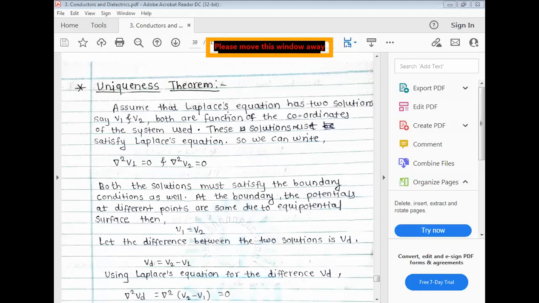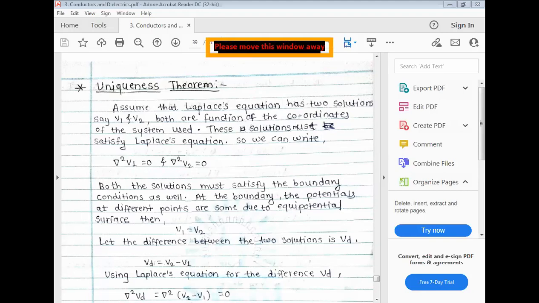So here assume that the Laplace's equation has two solutions, say V1 and V2. We are considering the Laplace's equation, that is del square V is equal to 0. It has two solutions, V1 and V2, and both are functions of the coordinates of the system used, and these solutions must satisfy the Laplace's equation, right?